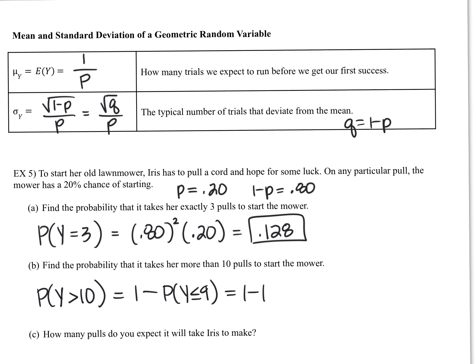If I were looking at at least 2, I would probably just use the formula. So with the geometCDF, I only have 2 values. I have my probability and I have my x value. So my probability is 0.20, and in this case, my x value is 9, and we get 0.134.